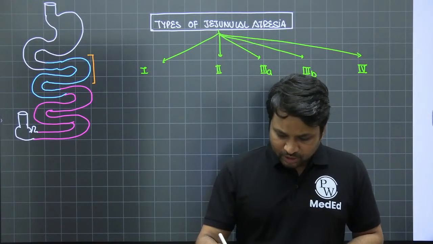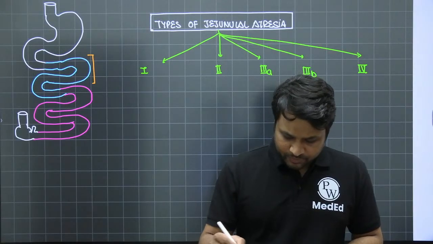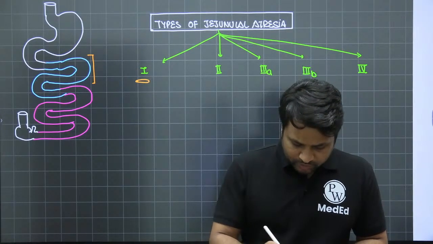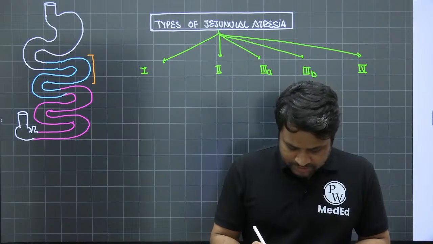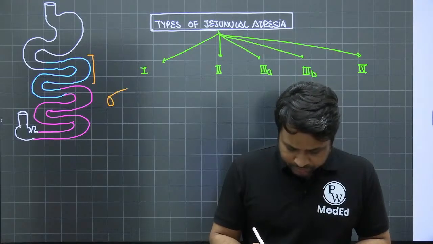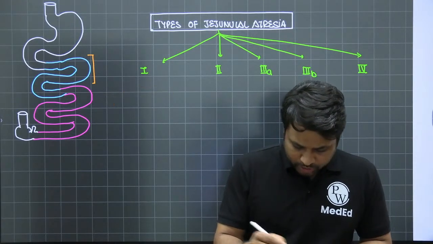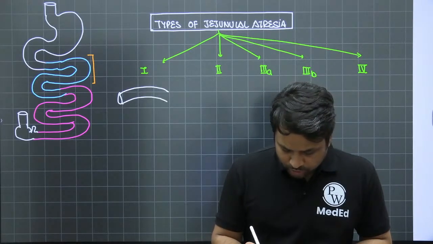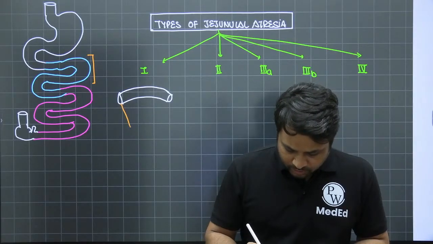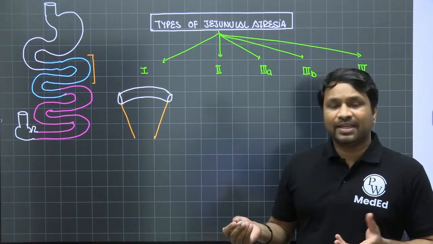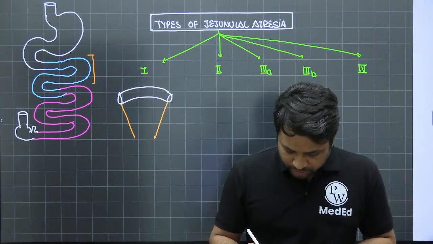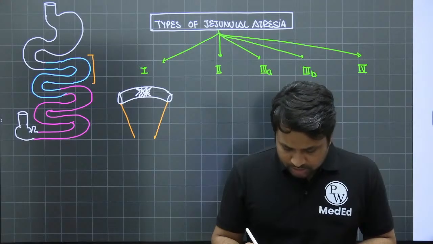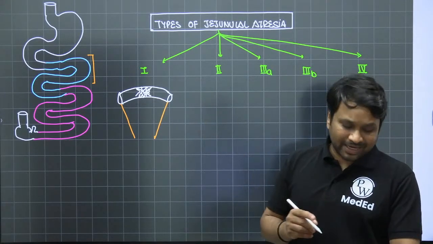In the first variety of jejunal atresia, take this as the lumen of the bowel. The entire bowel lumen looks continuous, and the mesentery also remains intact. So where is the atresia? The atresia is inside the lumen. You will see the presence of a mucosal web.